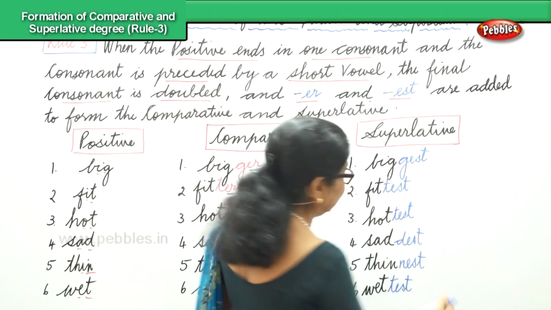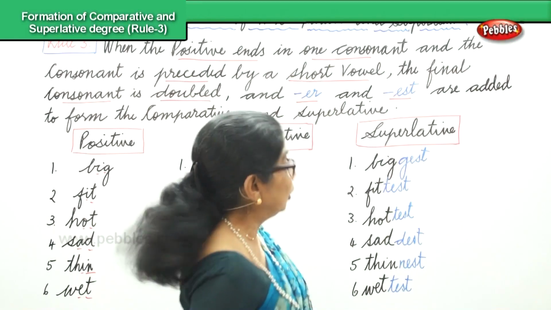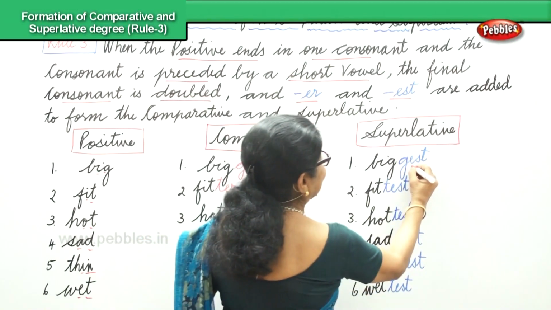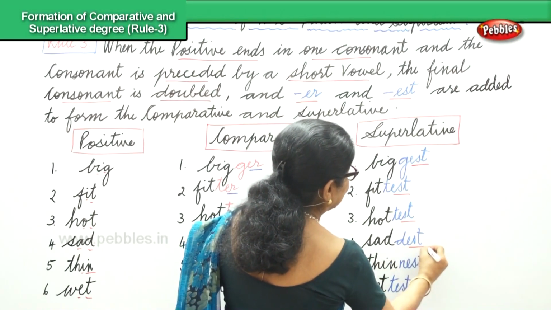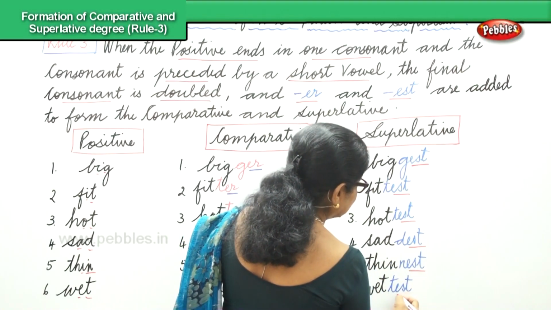How did we form the superlative? You added EST after doubling the consonant.